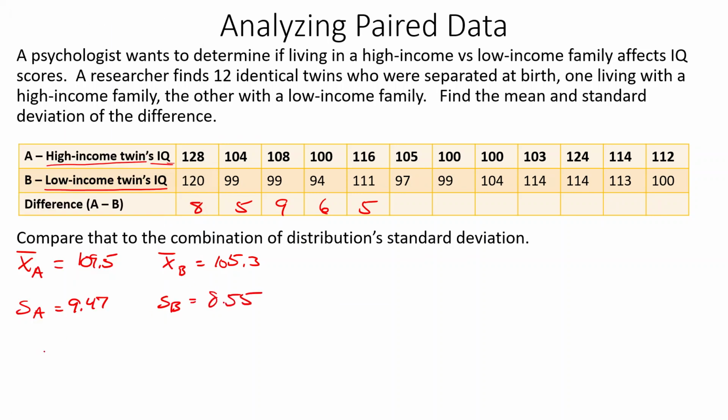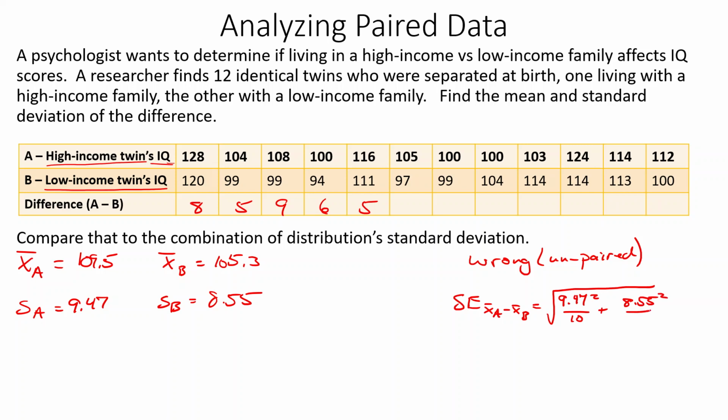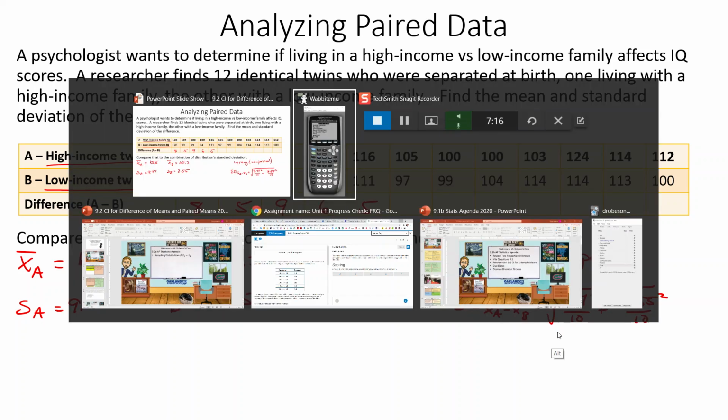So if we did the wrong thing, and this is the wrong thing that I'm going to do, for unpaired, we would say that our standard error, SE of X bar A minus X bar B, would be the square root of 9.47 squared over 10 plus 8.55 squared over 10, and we would calculate that.